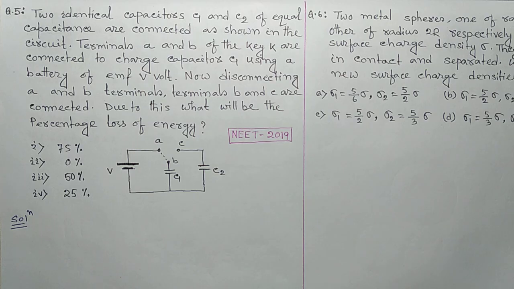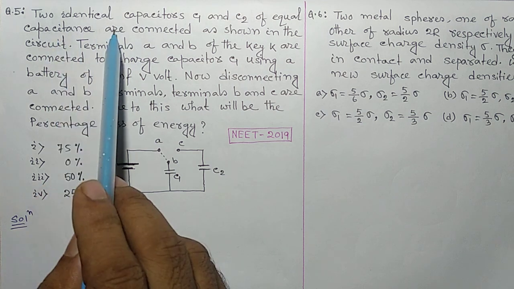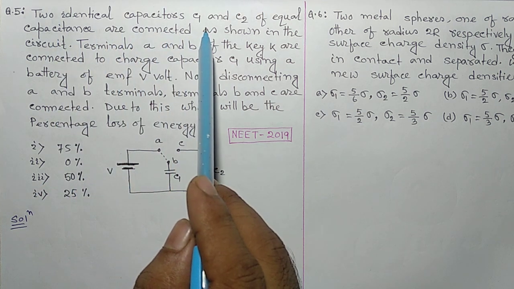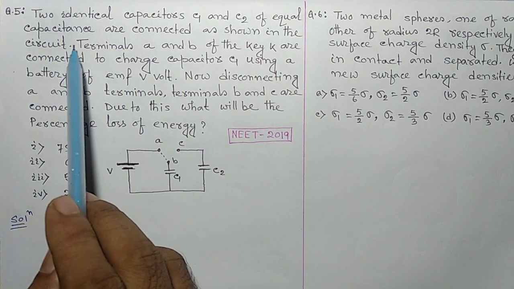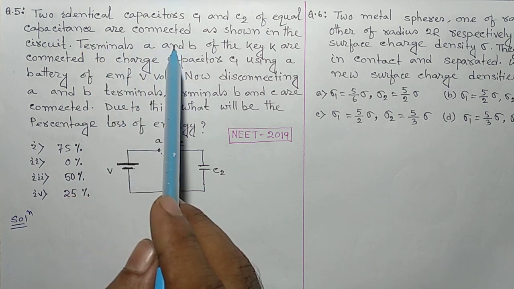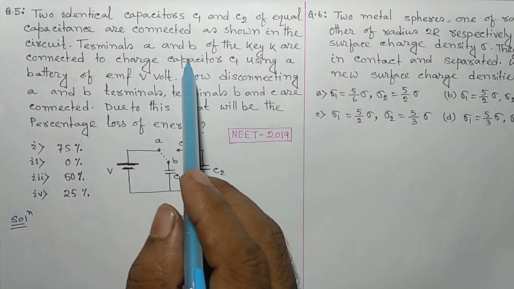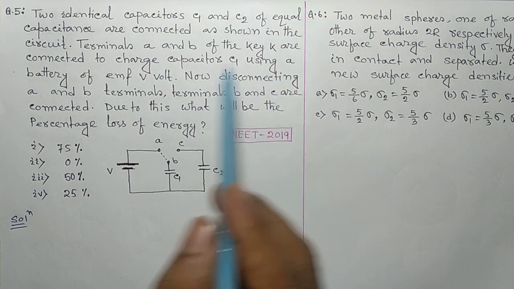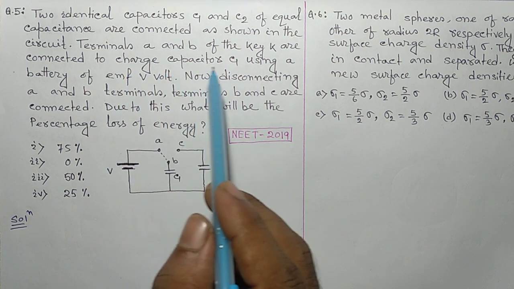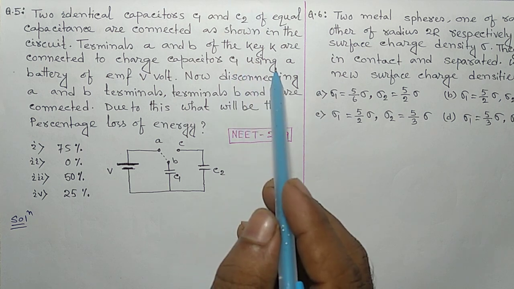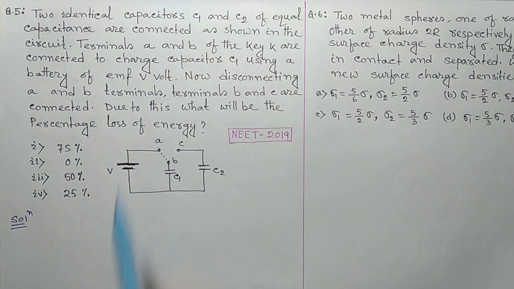Next question is question number 5. Two identical capacitors C1 and C2 of equal capacitance are connected as shown in the circuit. Terminals A and B of the key K are connected to charge capacitor C1 using a battery of EMF V volt.